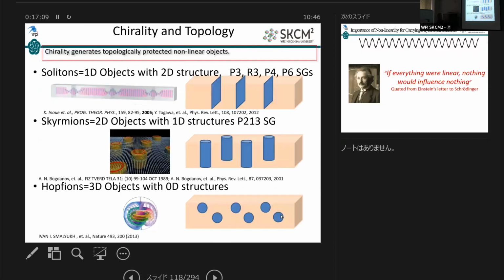Then going further, a 1D object with a 2D structure is the so-called soliton. It corresponds to this blue plate. But a two-dimensional object with a one-dimensional structure is the so-called skyrmion. And if we go further, to a three-dimensional object, we can make a hopfion. These are all the same topologically protected phase order defects.